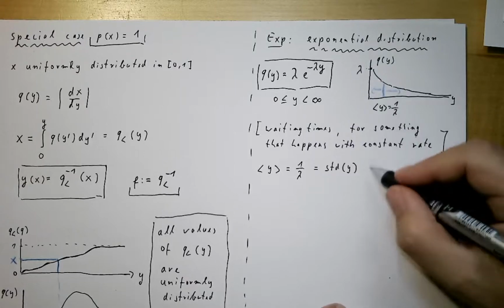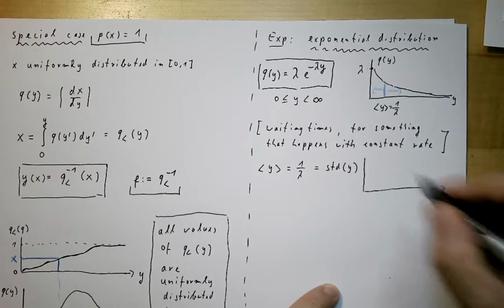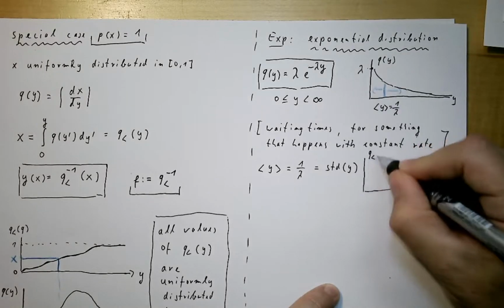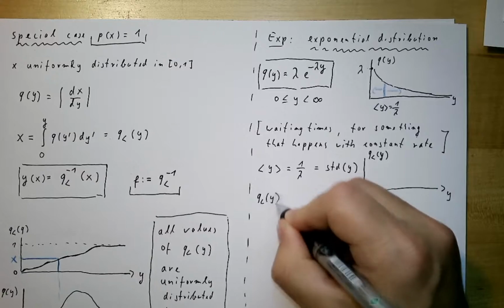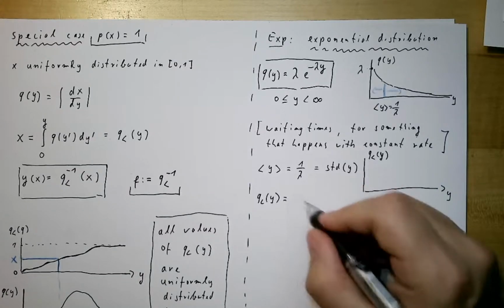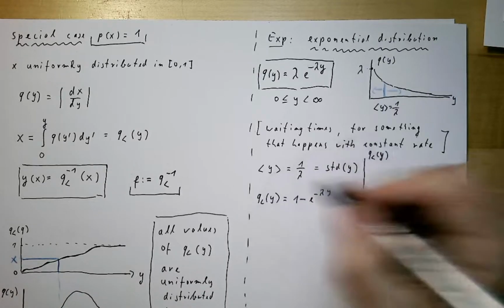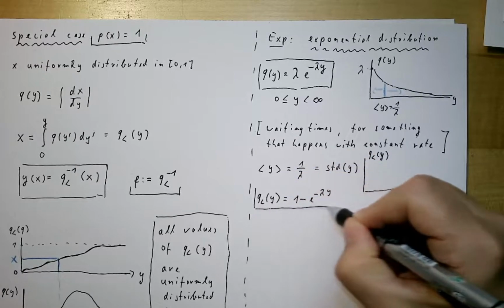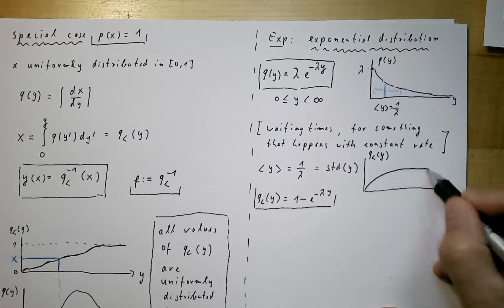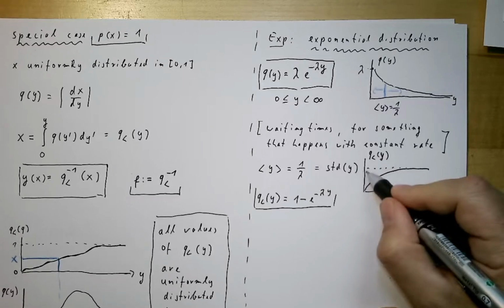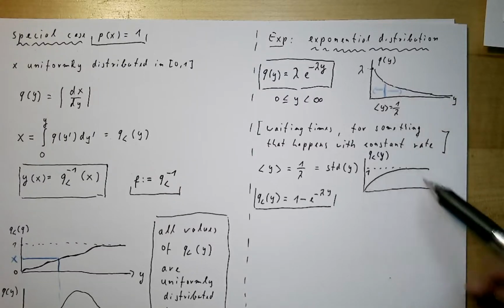And we can calculate the cumulative distribution of y. This is just a simple integral, and this is 1 minus e to minus lambda y. So this is an exponential which goes to 1. So here we have the PDF and here the cumulative distribution.